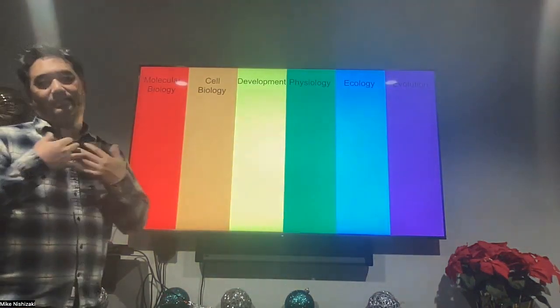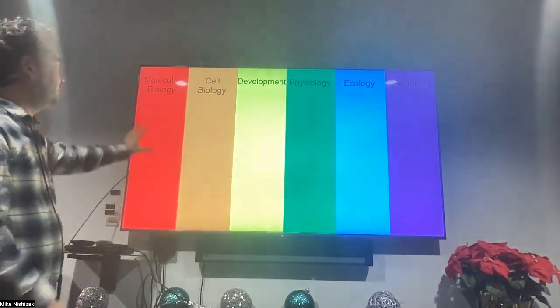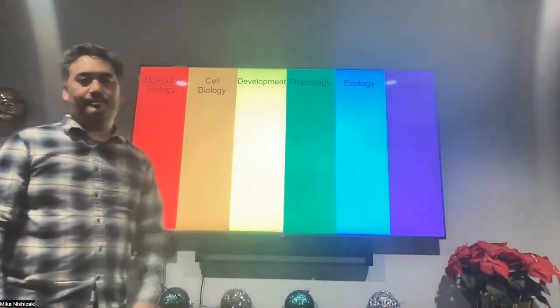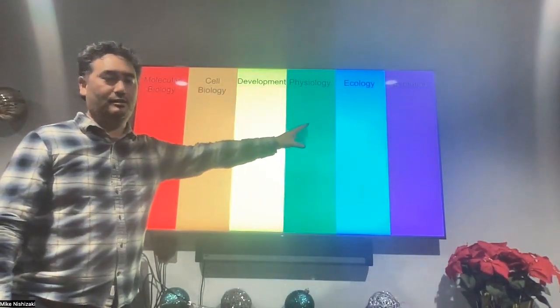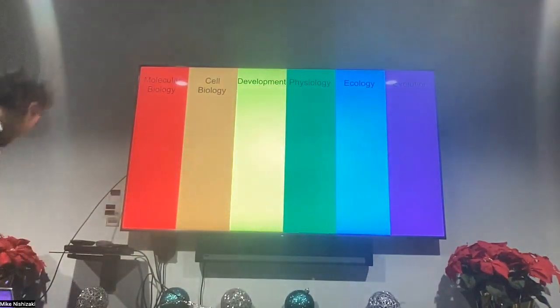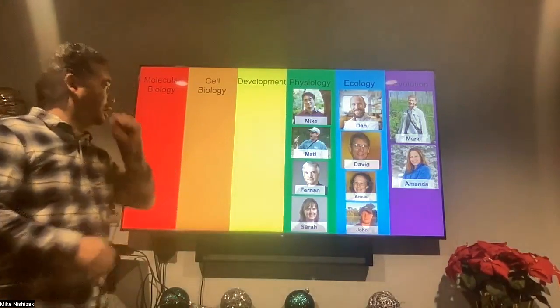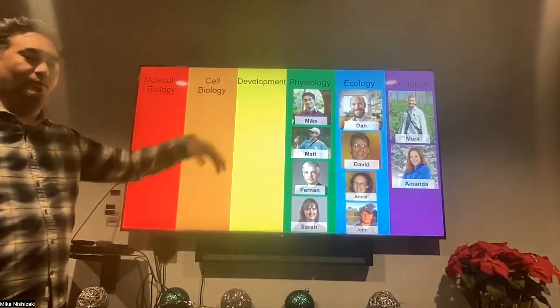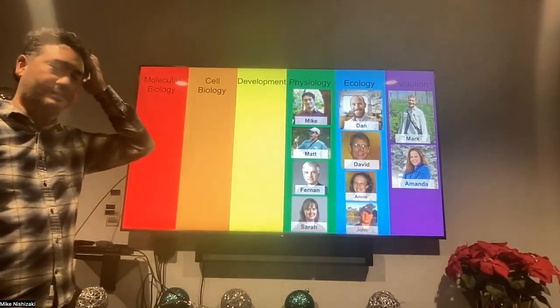One way I like to look at biology before we get too deep into it is that there are these different subfields of biology, everything from the small scale at the molecular level to the large scale at the ecology and evolution. And if you look at the department at Carleton, the different professors work on different parts of these subfields.